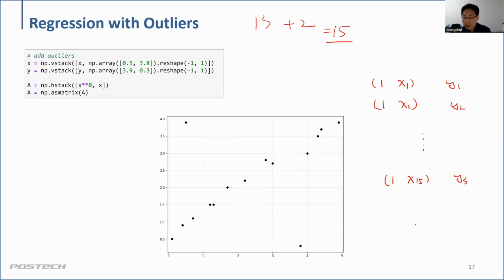That's the only information, the numbers, that the computer is supposed to see. And the biggest challenge is that out of the 15 data points, because the computer is not going to plot, there's no way it can see which data points are outliers. There's no way.